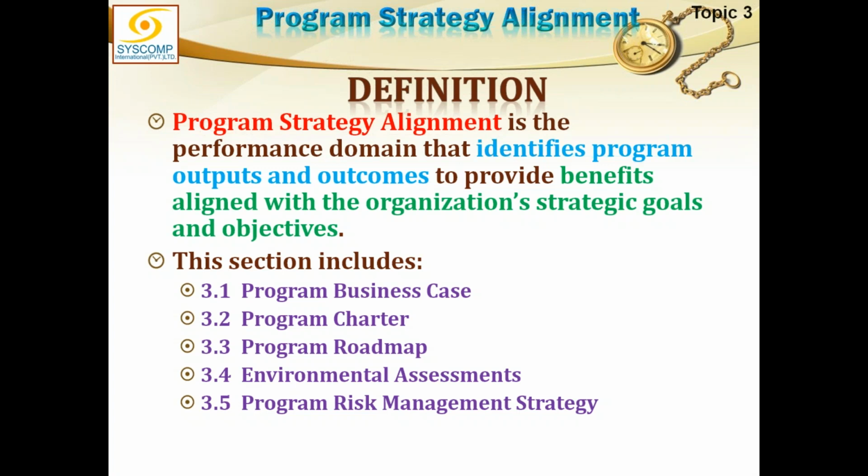Those benefits must be aligned with the organizational strategic goals and objectives. And for doing that, we will be creating the program business case, program charter, program roadmap, environmental assessment will have to be done, and program risk management strategy will have to be developed.